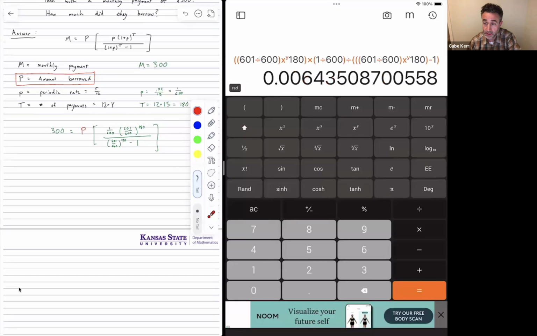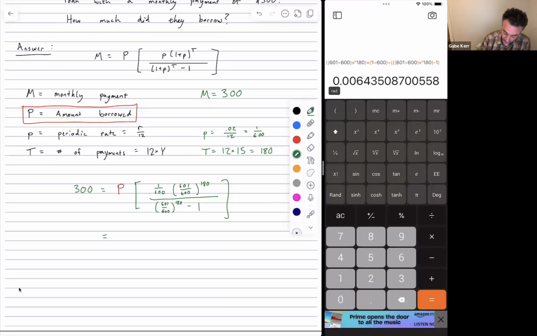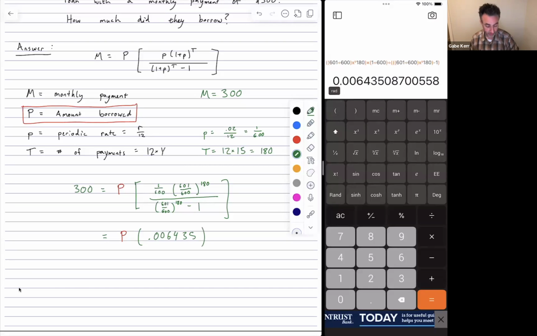And if you dislike that number and you dislike the calculation, I'm sorry. Some things are not as pretty. But we have it, and so we will go ahead and write it down. So this is equal to our unknown P times this number, 0.00643 5. I'll leave it there.